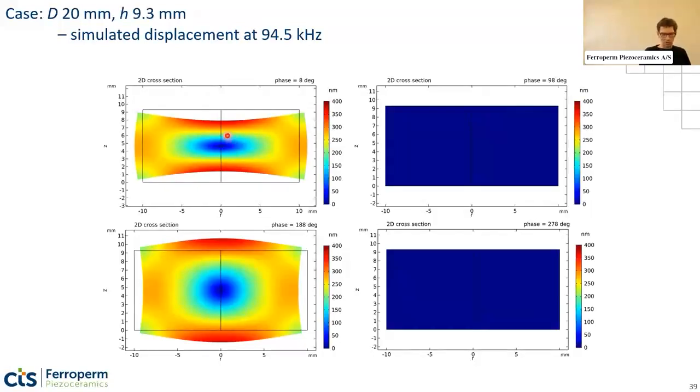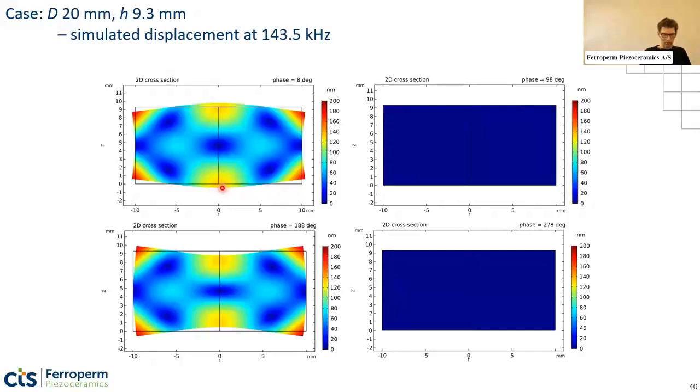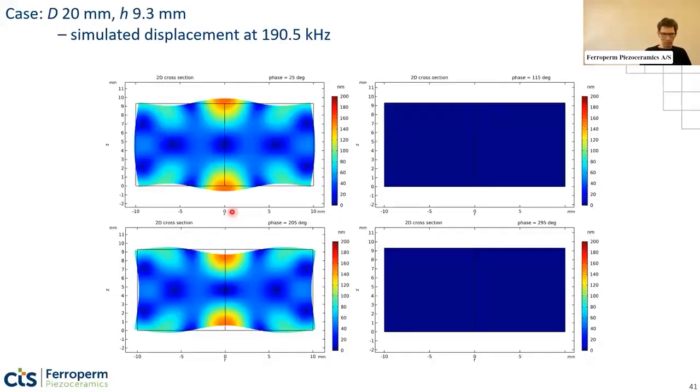Of course, it's very much exaggerated so that you can see what's going on. But then looking at what should be a thickness resonance, you can see that actually it's much more complicated than a simple thickness resonance. You would have liked to have probably only red color here, and the red should be more or less blue. Instead you have this complicated displacement all over the component. And for the next mode, number 3, it's even more complicated.